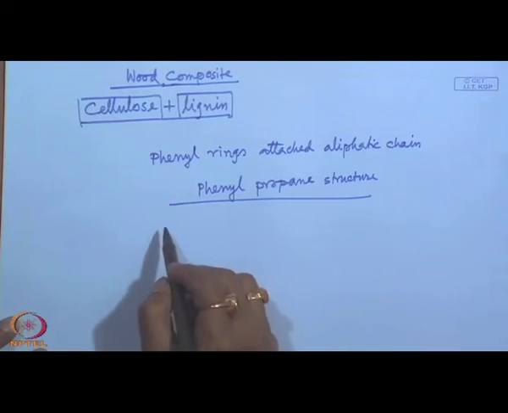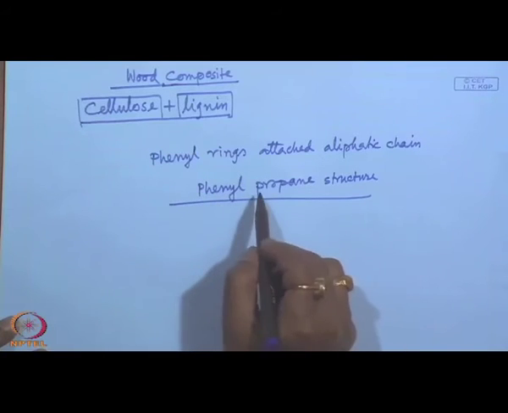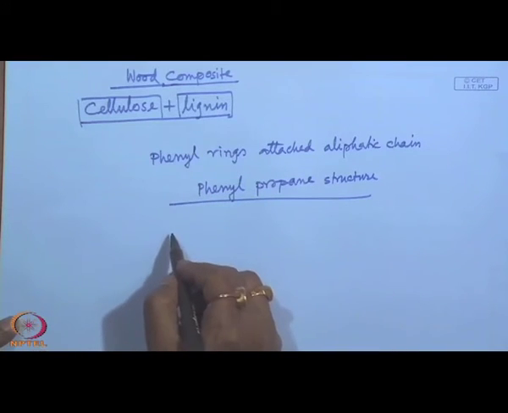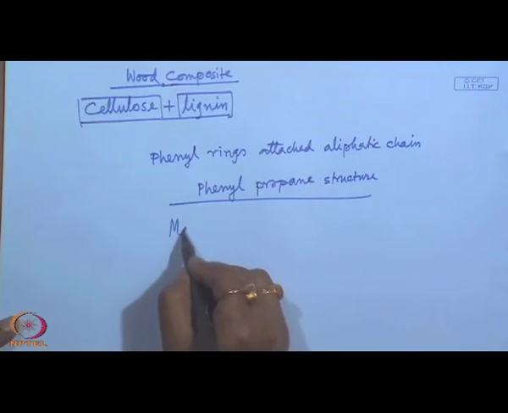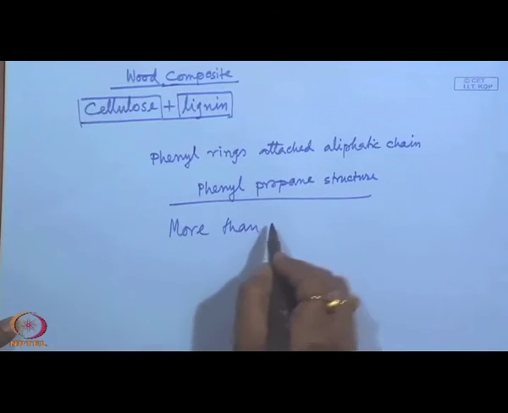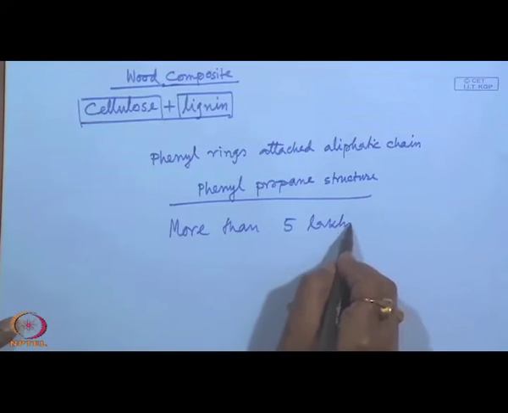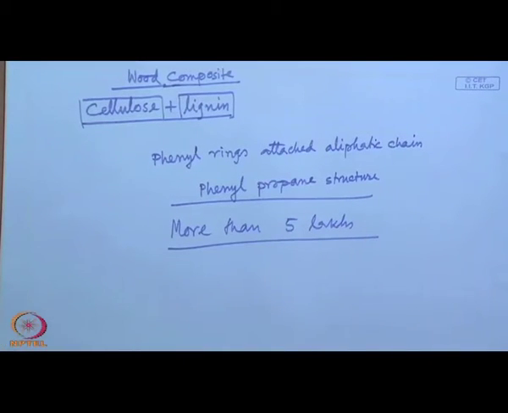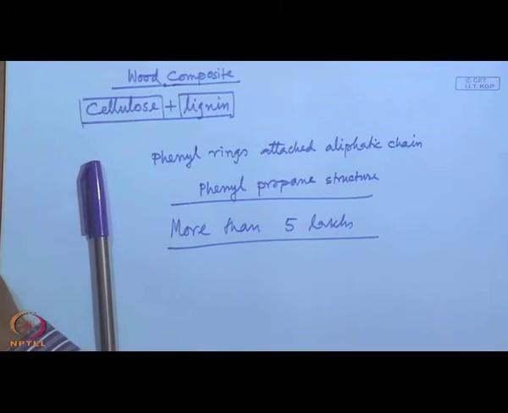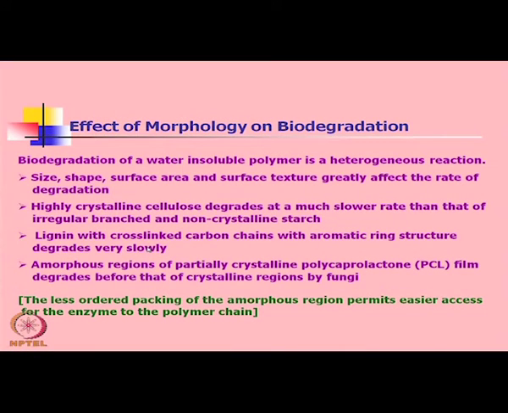There are a lot of linkages between such phenyl propane units, and the molecular weight becomes more than 5 lakh Dalton. So, that is the high molecular weight lignin, and when it is cross linked with carbon chains and aromatic ring structure, it also degrades very slowly. Not only that, this phenyl propane structure also contains some phenolic groups.